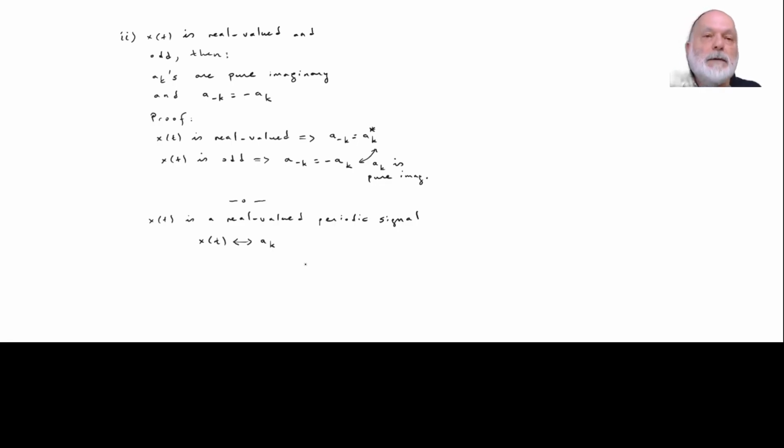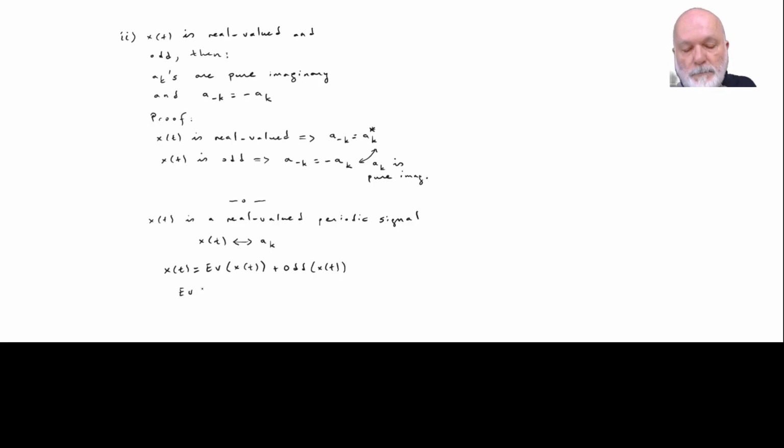x of t can be written as the superposition of its even and odd parts. So we write x of t as even part of x of t plus odd part of x of t as follows.